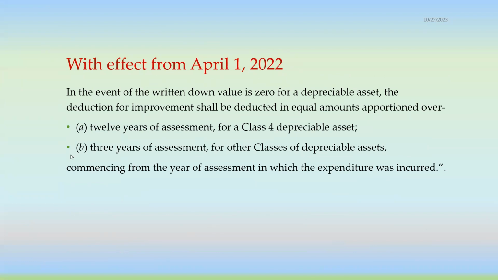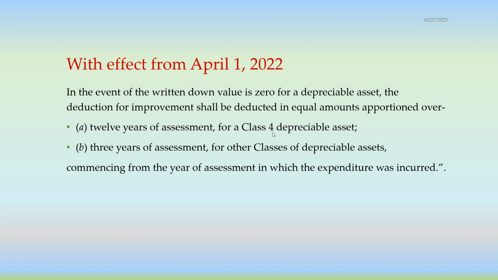It says, in the event the written down value of a depreciable asset is 0, the deduction for improvement is deducted in equal amounts apportioned over 12 years of assessment for a class 4 depreciable asset.